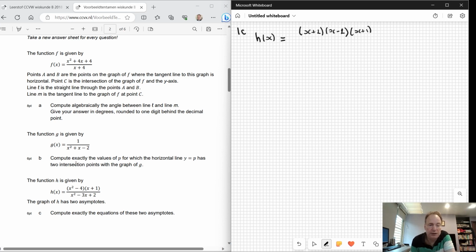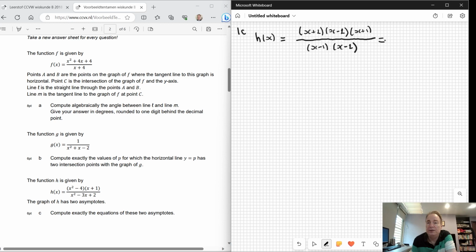Let's see about the denominator. Well, look at all the factors of 2: 1 and 2, minus 1, minus 2. So you get x minus 1 times x minus 2.